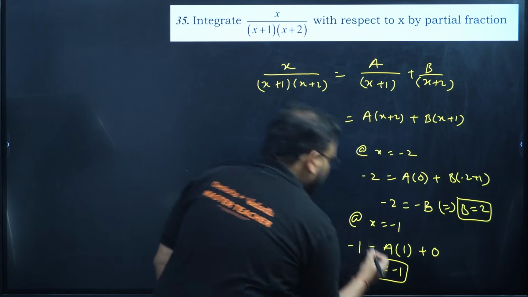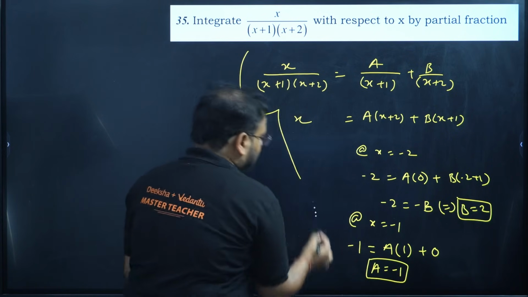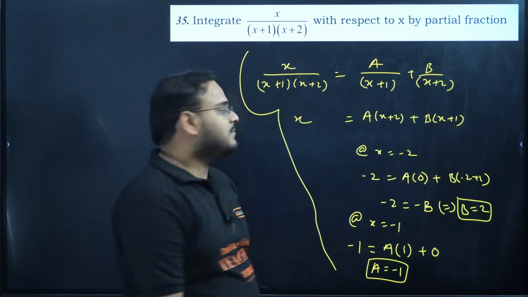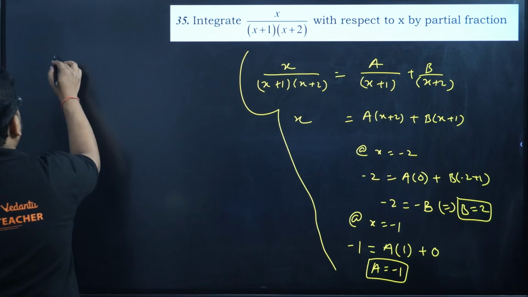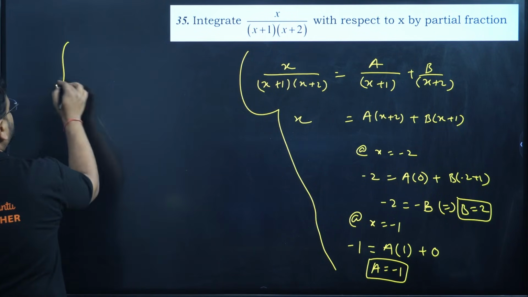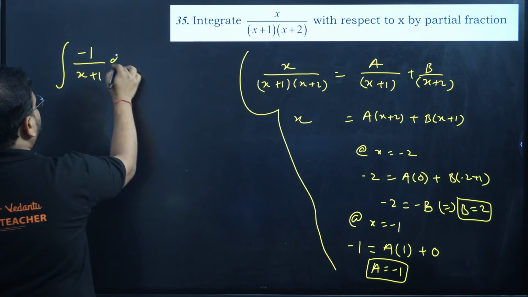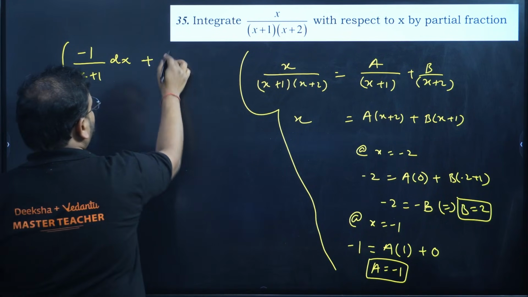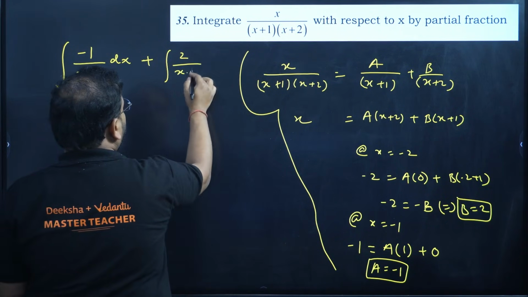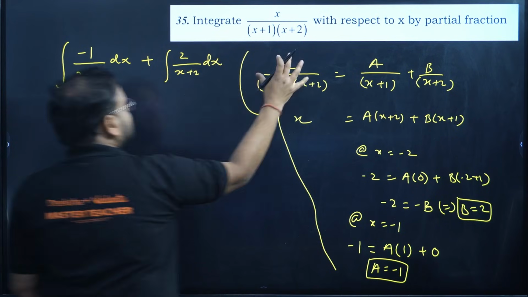Now you have the coefficients for the partial fraction. You can directly start the solution of this question. So the integration will be: minus 1 upon x plus 1 dx plus 2 upon x plus 2 dx. I have replaced this by this.